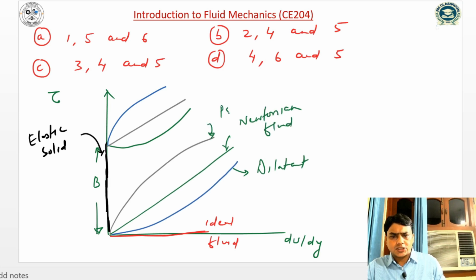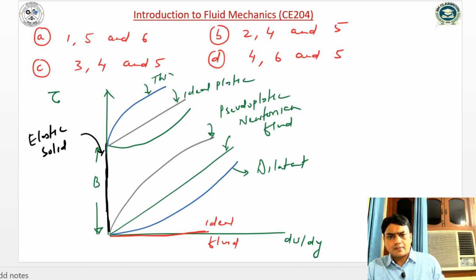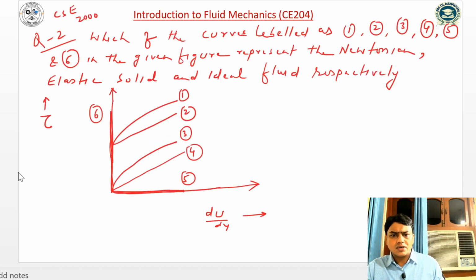This pseudoplastic, ideal plastic. This is thixotropic, and this is rheopectic. So if I see the options, the options are Newtonian, elastic solid and ideal fluid.